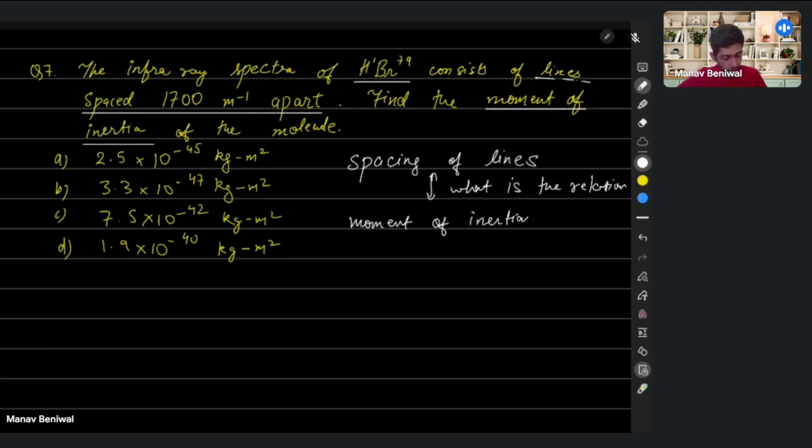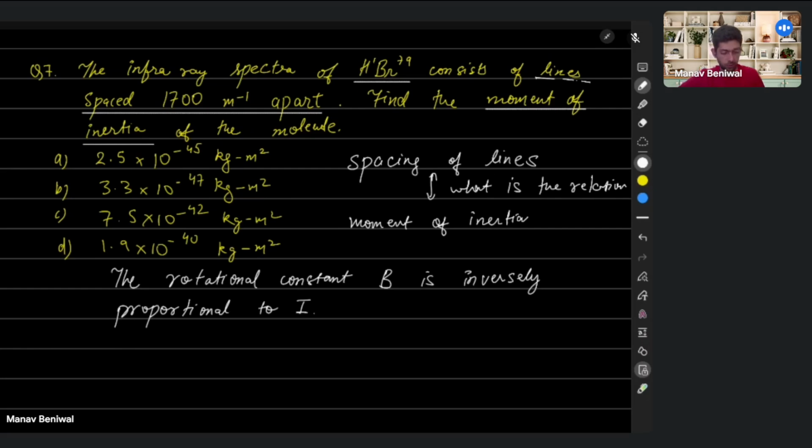So how they are connected is the rotational constant B is inversely proportional to I, which is the moment of inertia.